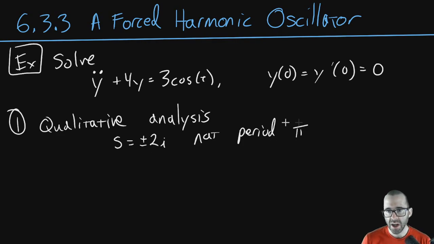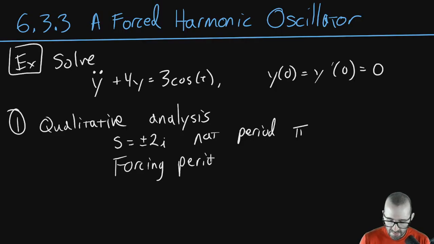So the period is 2 pi over 2, which is just pi. The natural frequency is its reciprocal, 1 over pi. And we know that the period of the forcing function is just 2 pi.